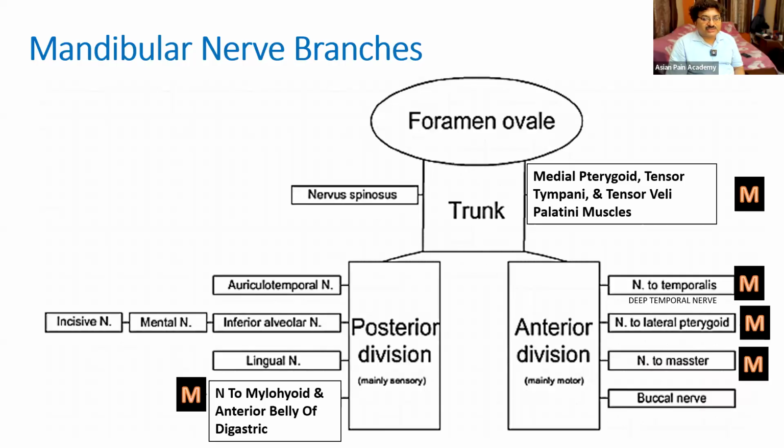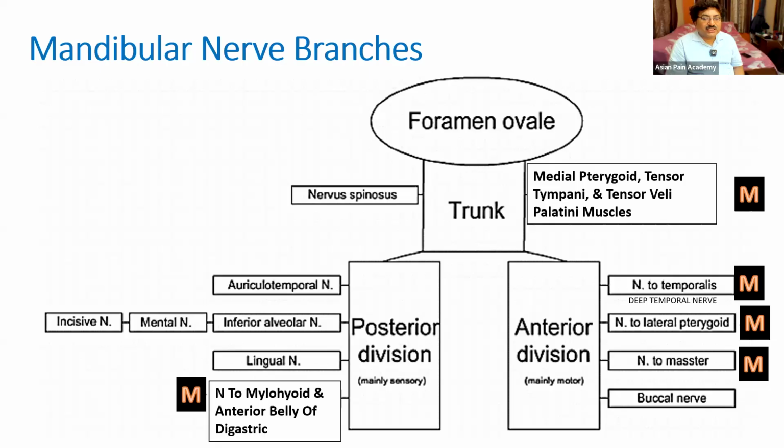The first branch is the nervus spinosus, which goes back to the cranium through the foramen spinosum, which remains very close to the foramen ovale. Then we have the motor branches from the trunk, which supply the medial pterygoid, tensor tympani, tensor veli palatini.